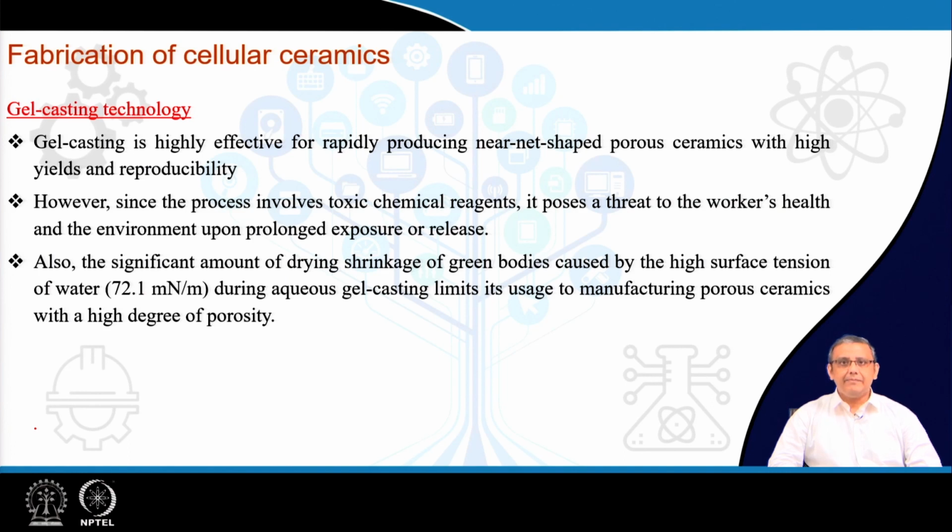Further, there are some cases where the shrinkage in the gel casting process can also give rise to porosities. But despite these limitations, gel casting has become a very popular process for fabricating porous ceramics because of its high reproducibility, high yield, good control over the pore morphology and its economic process.